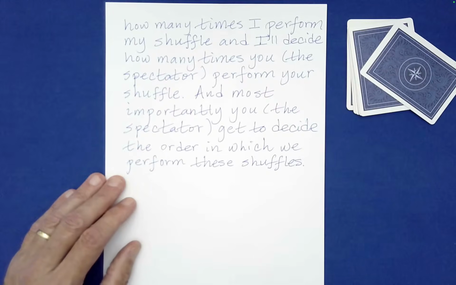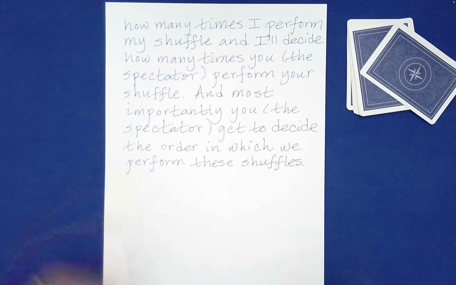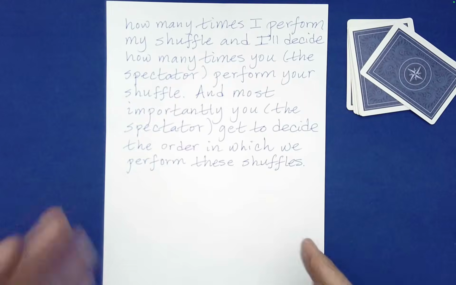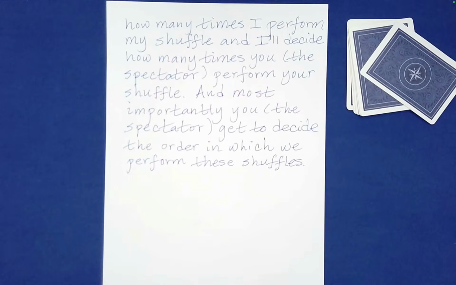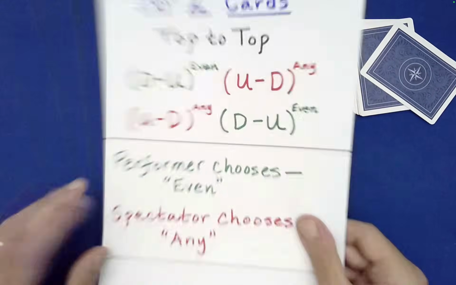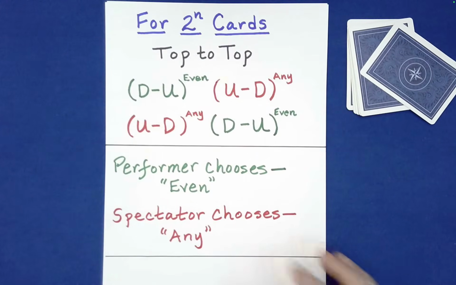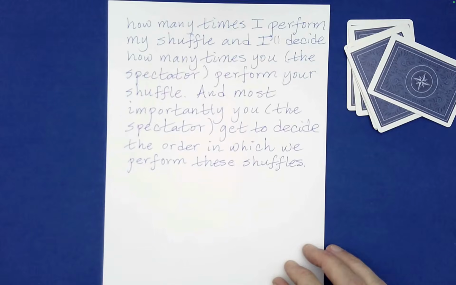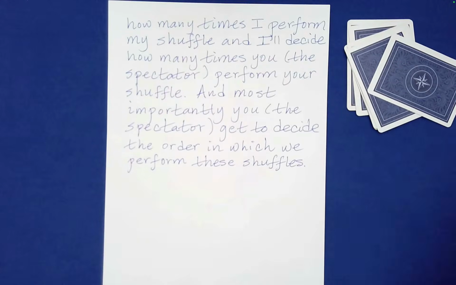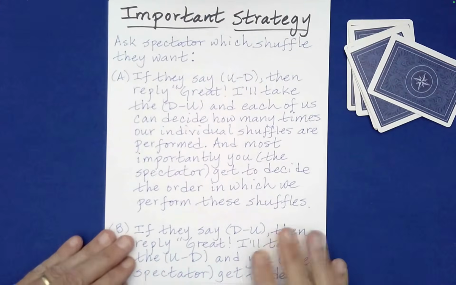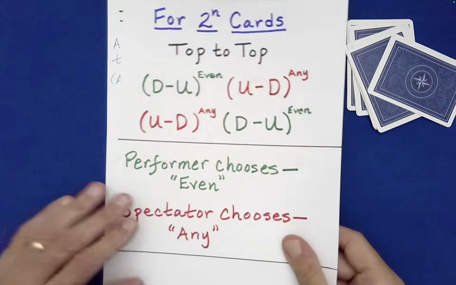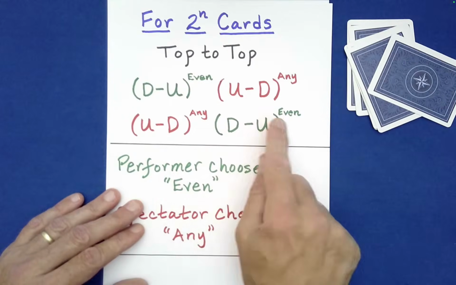Okay, so this is giving the illusion of just fairness and generosity, because most people would assume that order would make a difference. But as I point out here, it doesn't make a difference whether you do the down under first or second. Okay, and then of course, since I'm deciding how many times they perform the down under that they chose, I will of course just choose an even number of times.